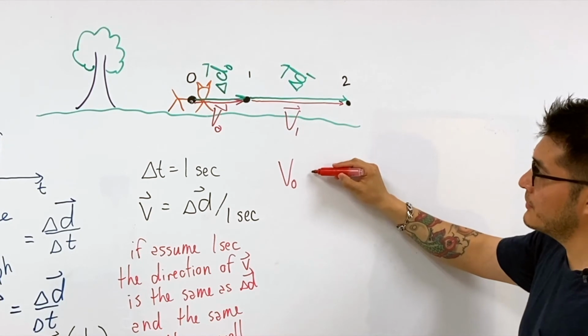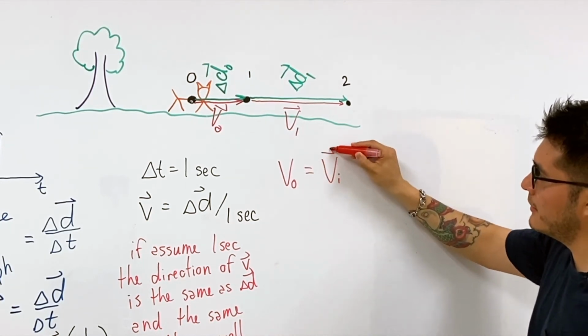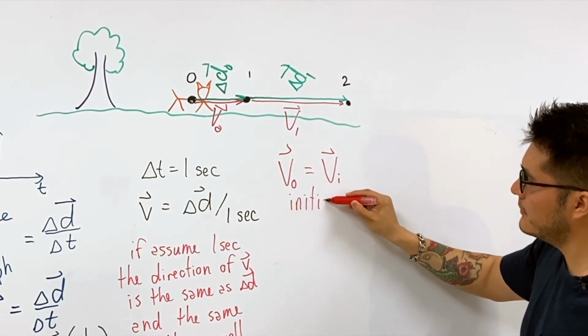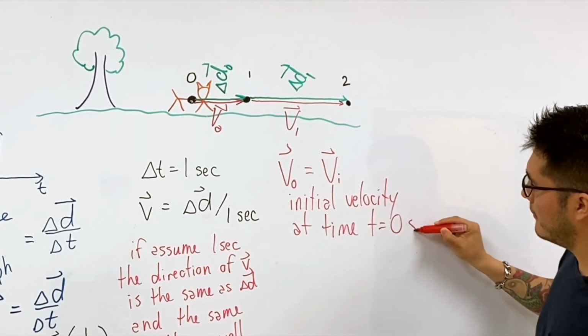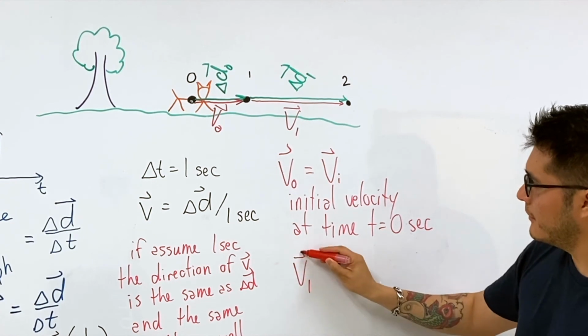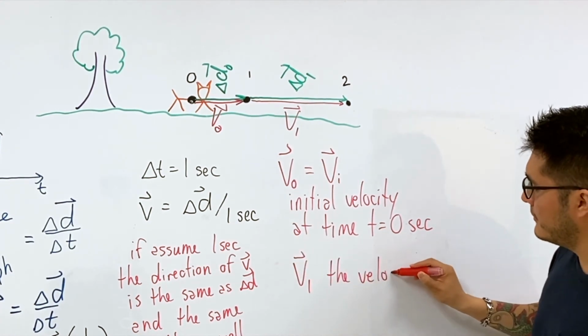V initial, sometimes written as Vi, represents the initial velocity. And V1 is the velocity at time t1.